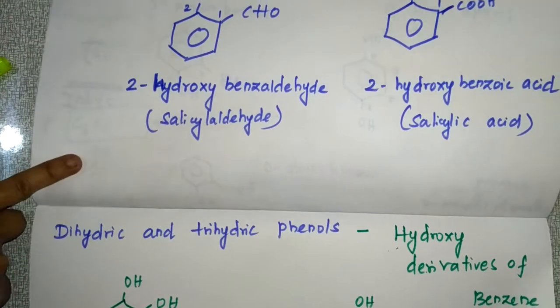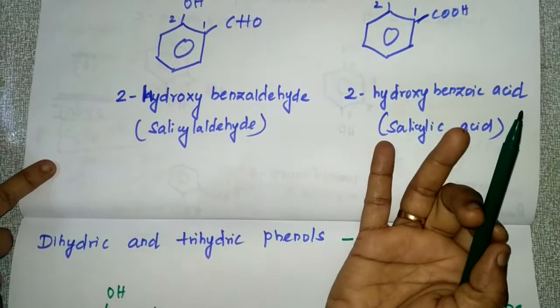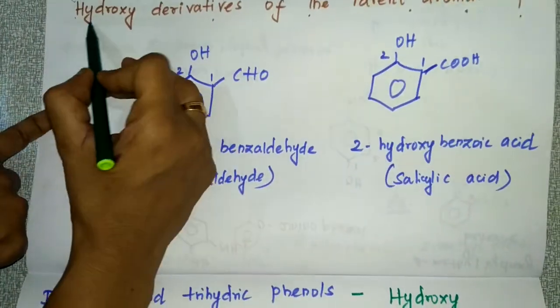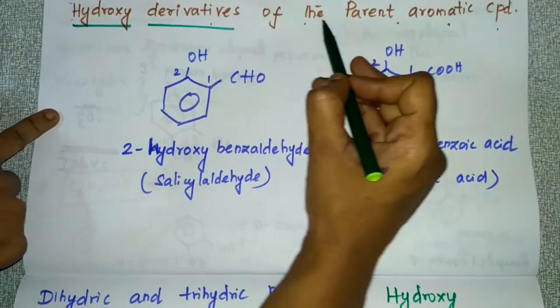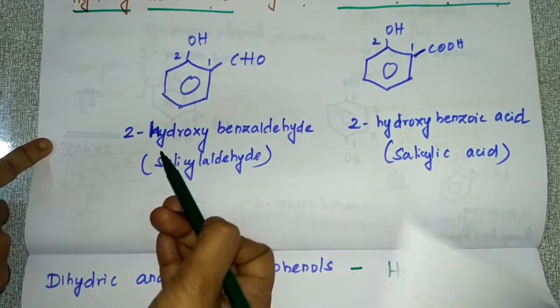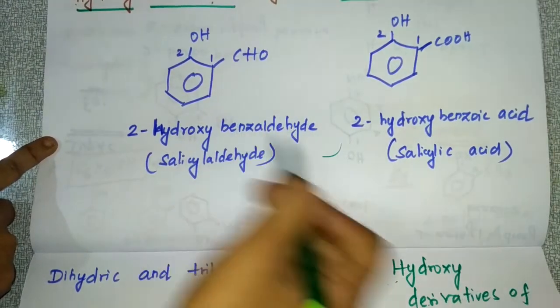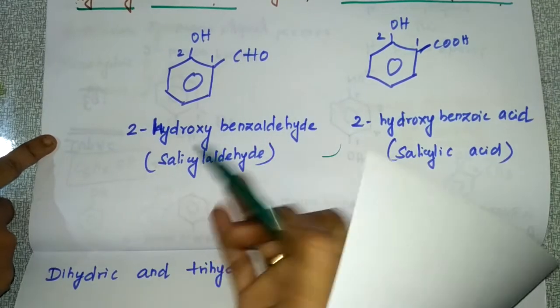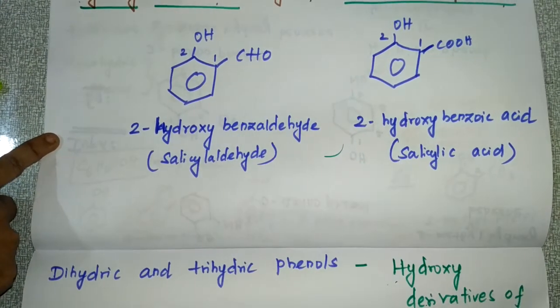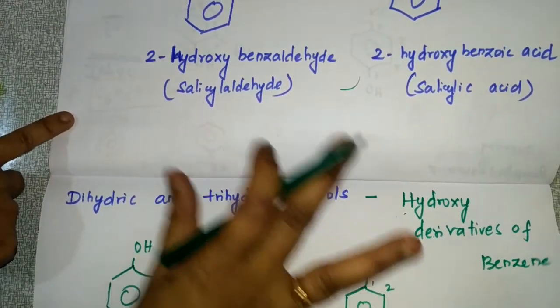If any group senior to OH is there, then you have to name it as hydroxy derivatives of the parent aromatic compound. So the same hydroxy you write, and for the functional group attached to it, you mention that name. Okay, so this is the nomenclature of phenols.